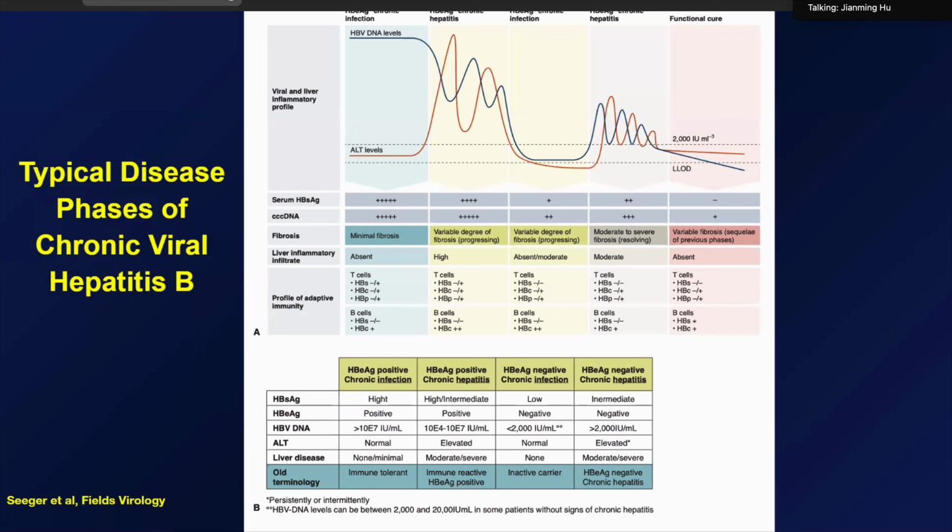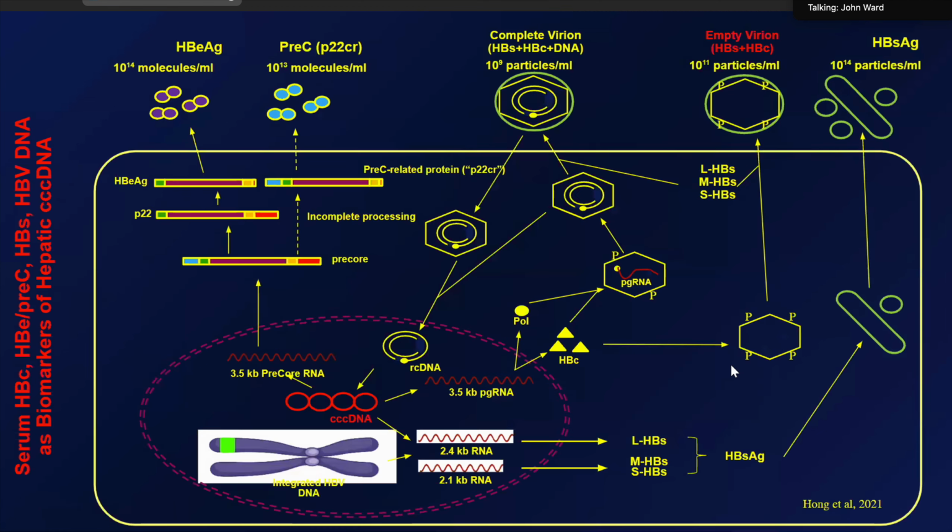Now we have so-called e-antigen positive infection, e-antigen positive hepatitis, e-antigen negative infection, and e-antigen negative hepatitis, with different virological and immunological characteristics. I think this new classification better reflects the immunopathogenesis.